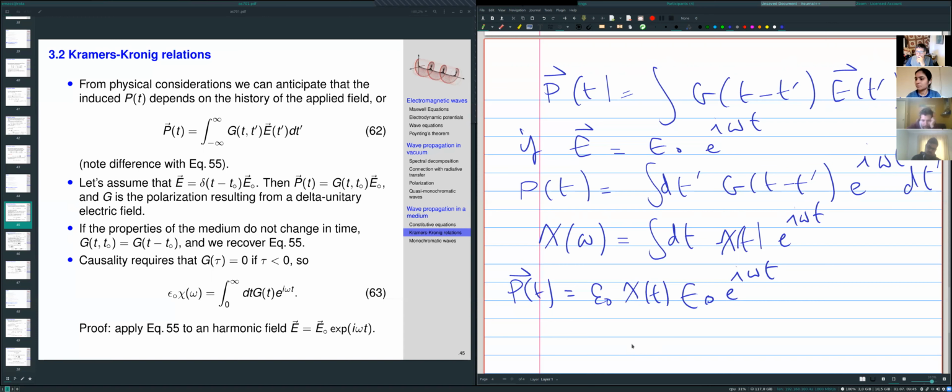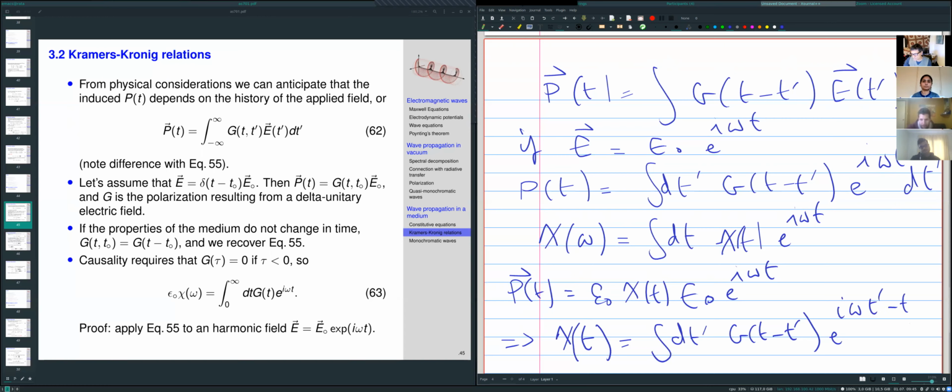Let's see if I can get things right. That means that chi of t is the integral over dt prime of G of t minus t prime times e to the i omega t prime minus t.